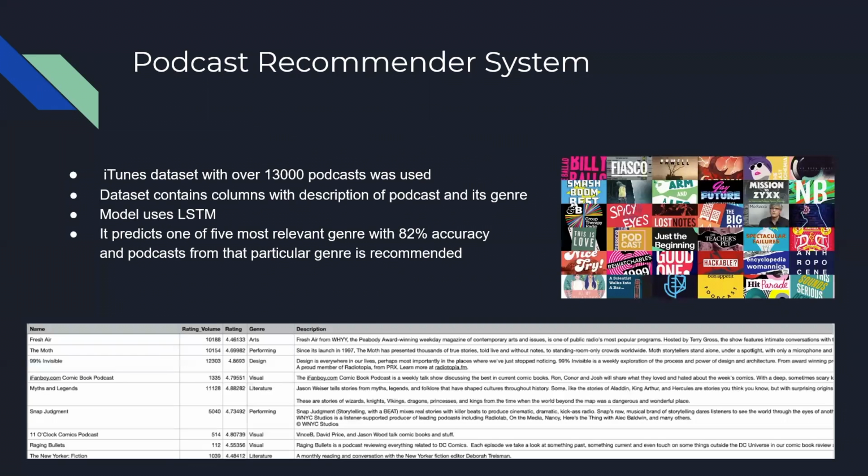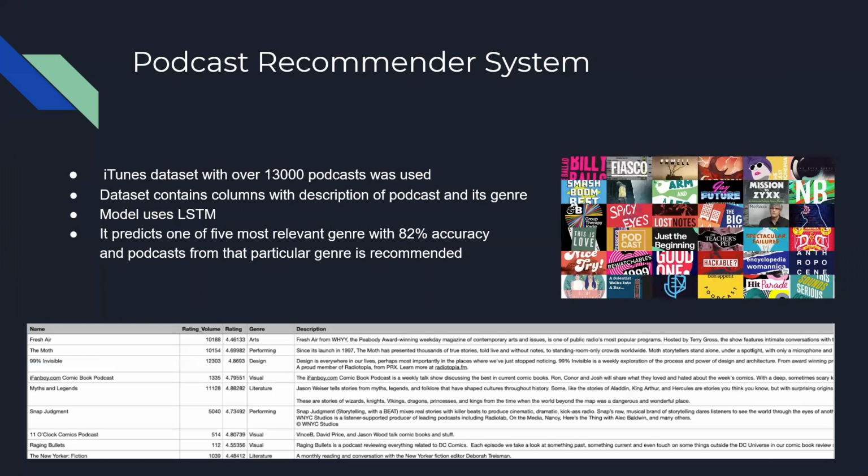For our podcast recommender system, we found a dataset with over 13,000 podcasts on Kaggle. The dataset contains columns describing the podcast and the genre it belongs to. Looking at the dataset, we realized that podcasts were classified under over 60 genres, so we figured cutting down the genres would give us better accuracy for multi-level classification.